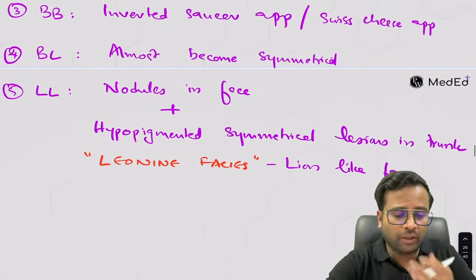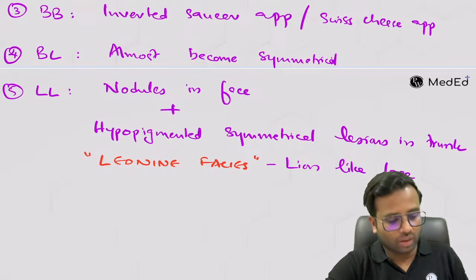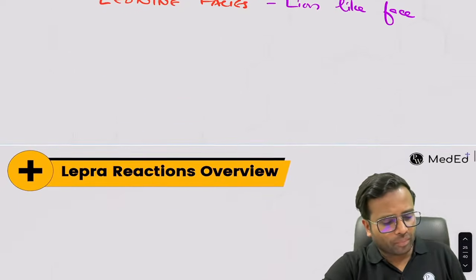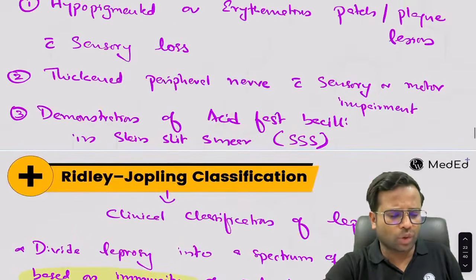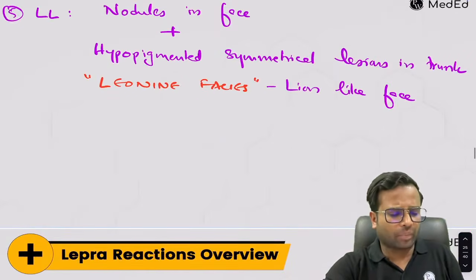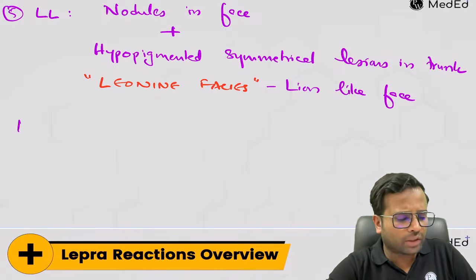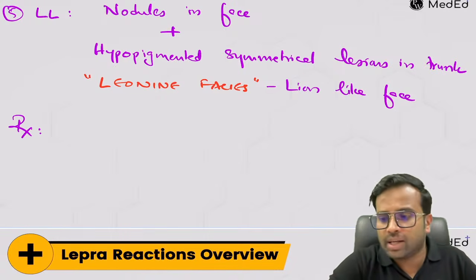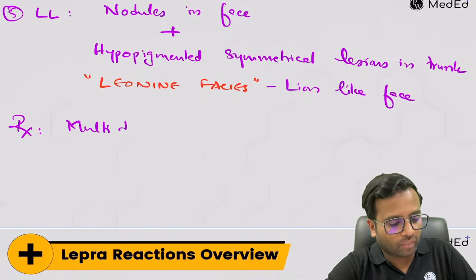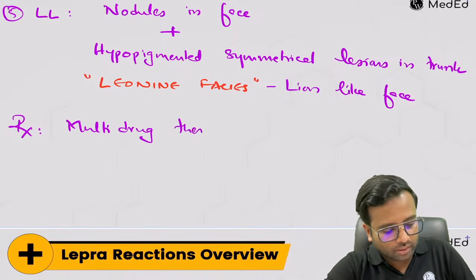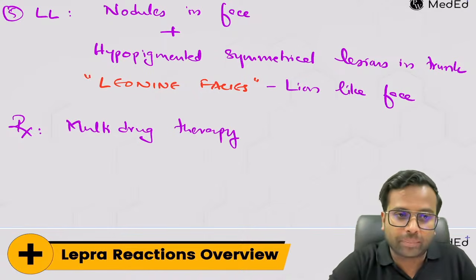And then we will also see about lepra reaction, which was also asked. But before that, let us also write down the management of leprosy. So the management of leprosy is with multi-drug therapy, right?